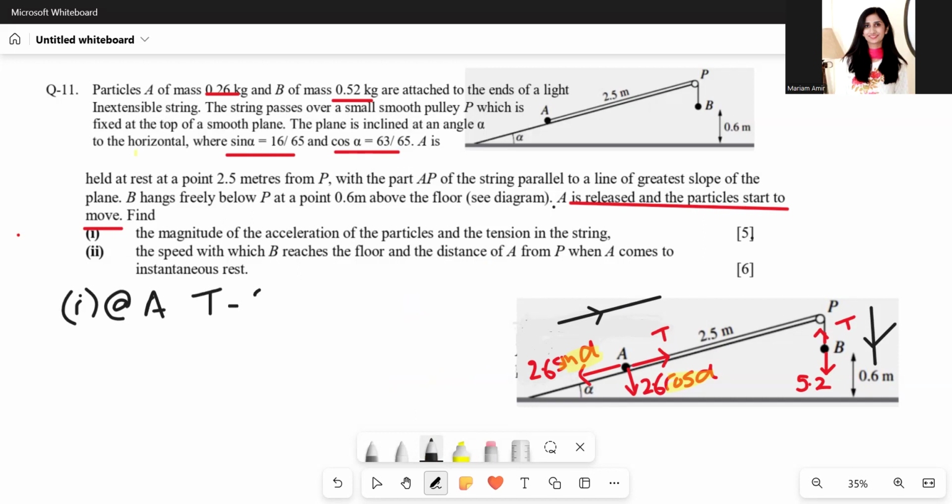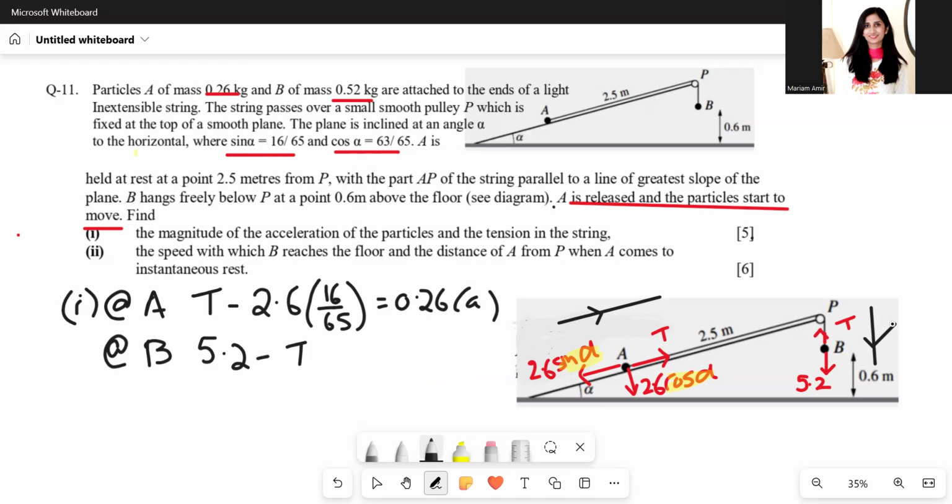The backward force is the weight component, 2.6 sin alpha, where sin alpha is 16 over 65, equals ma, with mass 0.26 and acceleration a. At B, the forward force is the weight, 5.2, and the backward force is tension, equals ma, with mass 0.52 and acceleration a.